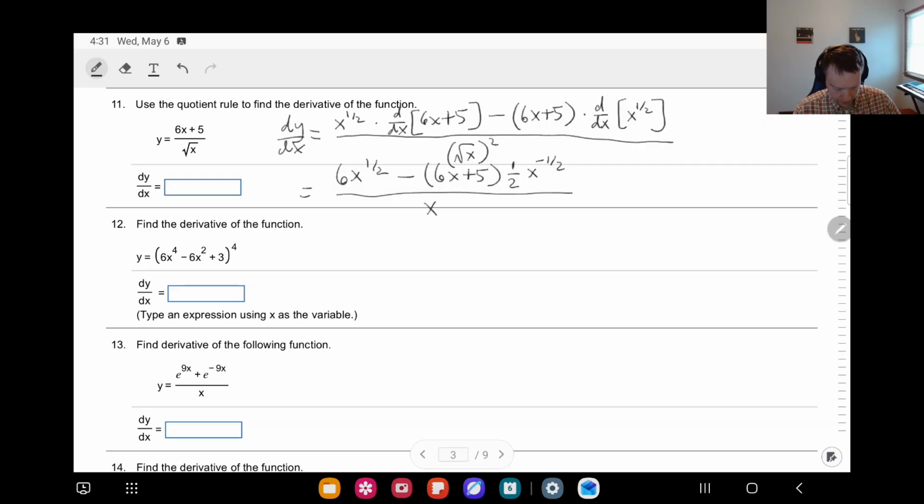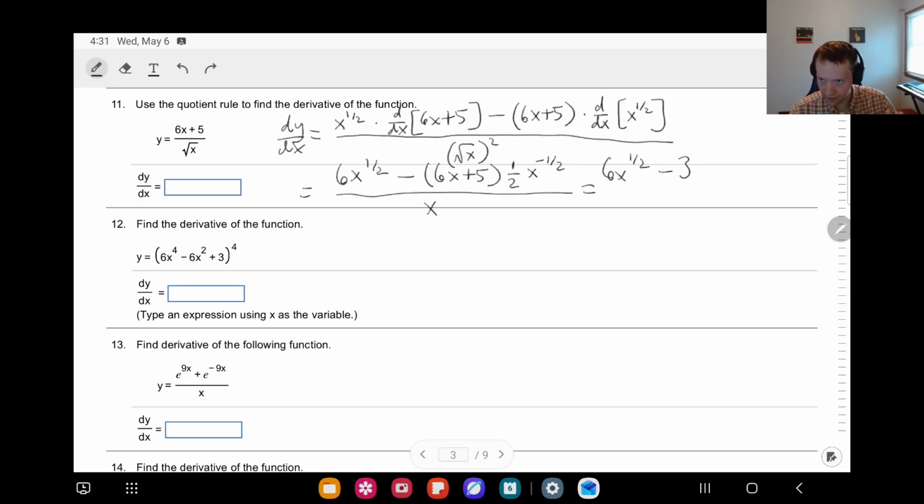So now I can do a little distributing up here. So we get a 3 because of this 1/2 times 6. All right, then we have x times x to the negative 1/2.